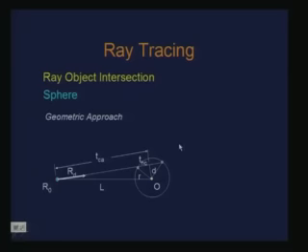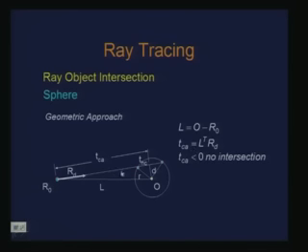So, now the question is whether I can compute these t_ca and t_hc. What are we saying? This L is nothing but O minus R0. Now, what is t_ca?